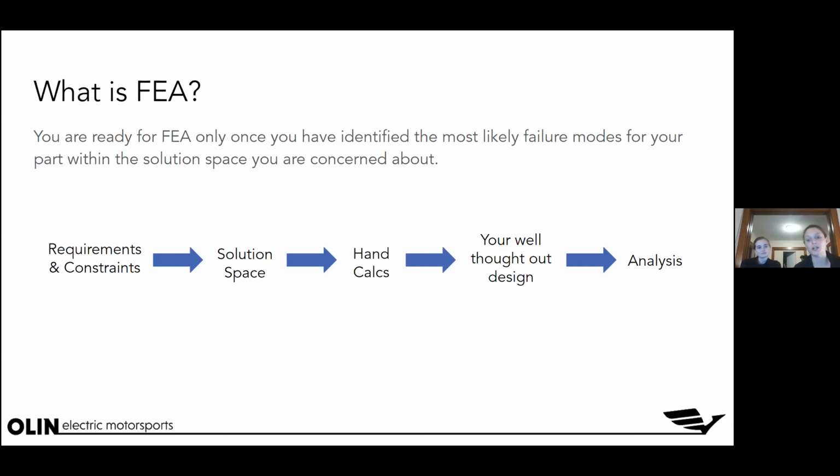You actually need to understand your solution space and the problem you are trying to solve pretty well before going to FEA. Based off of the past presentations, you've learned how to make your requirements and constraints that then build a solution space, which you then use hand calcs to refine, giving you a well thought out design, which you then put into analysis using the list of failure modes that you determined as part of your hand calc work for this part.